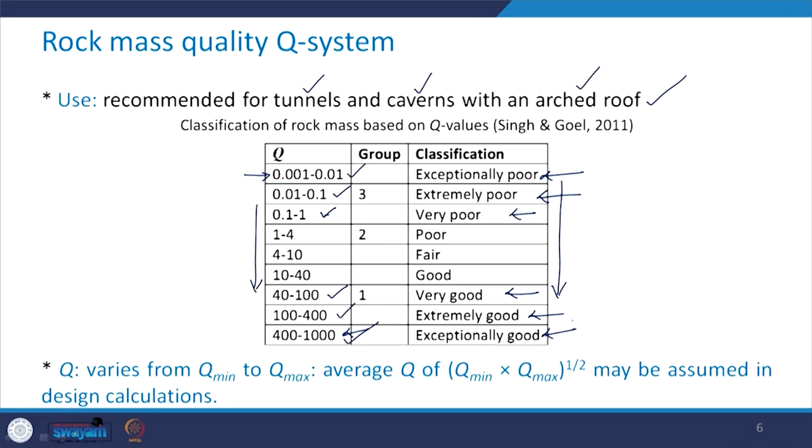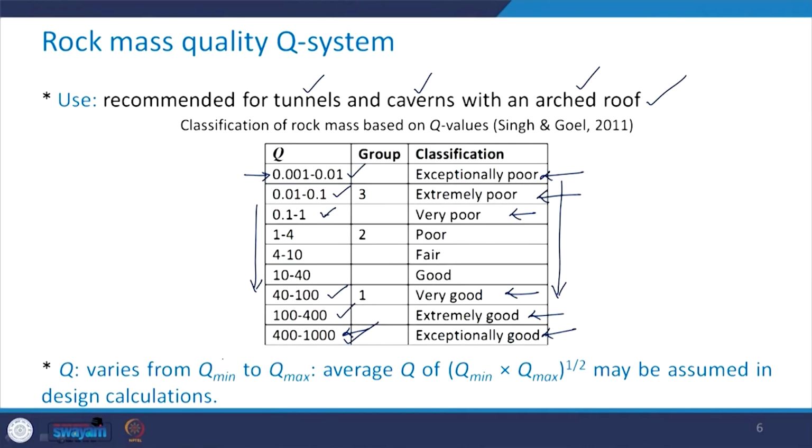Sometimes the conditions in the field are such that you may not get one single value as a rating to be assigned to a parameter; rather it may be a range. So, in that situation, the Q value will not be a single value, but it may vary from Q minimum to Q maximum.